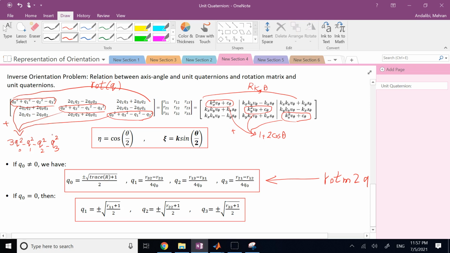Okay, so that is the trace, but now you can do a little bit of manipulation on that. Instead of 3 q naught squared, I write it as 4 q naught squared minus q naught squared, so instead of 3 I write 4 minus 1. Then I write the rest of them.